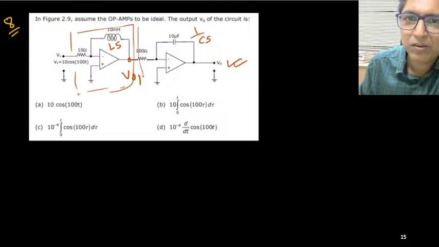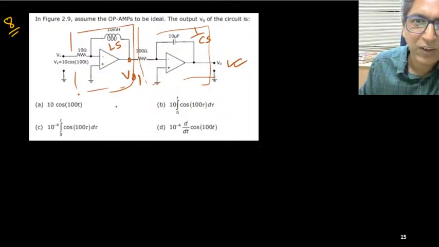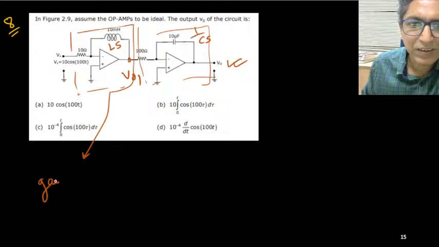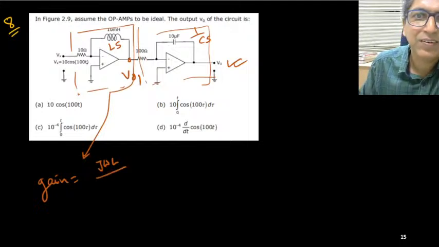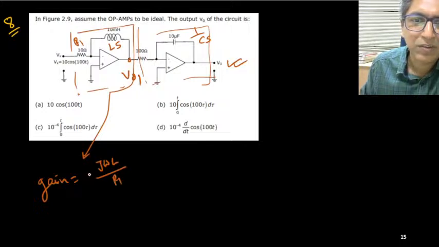And this block, what is the gain? They are cascaded. So the first block, the gain is simply, this impedance is j omega L, so j omega L by R. This is suppose R1.